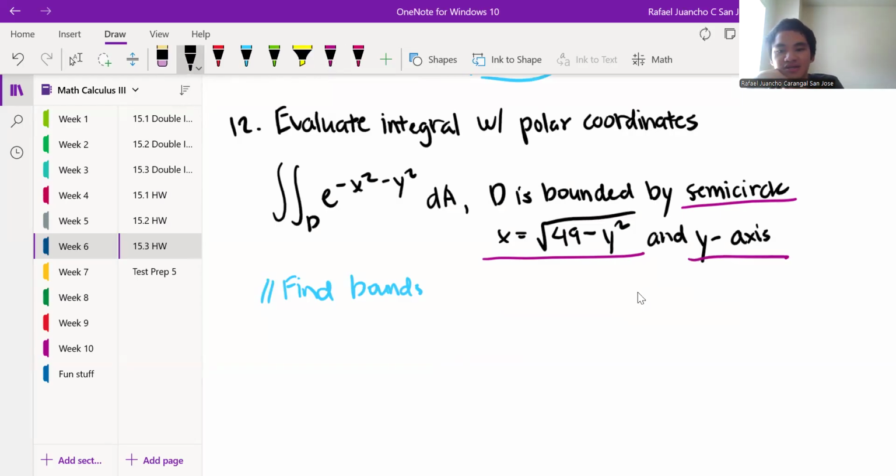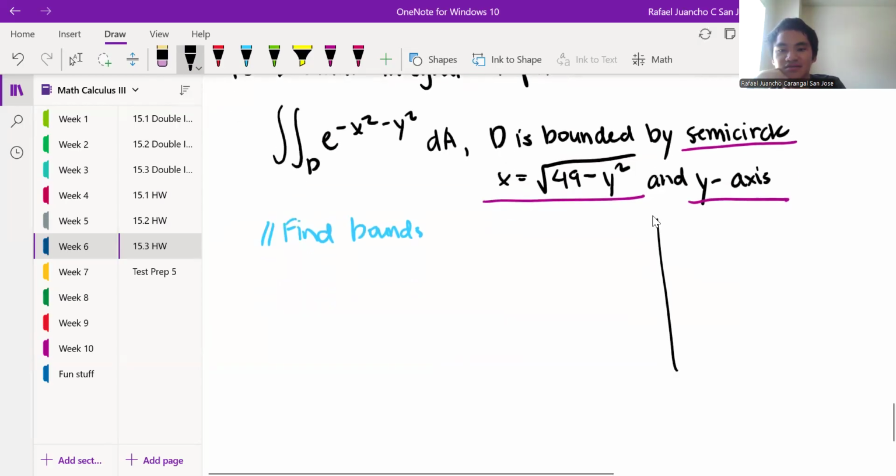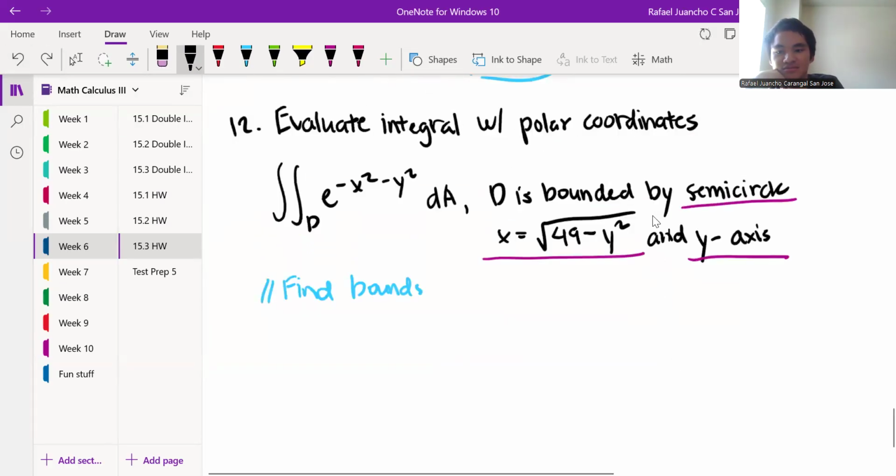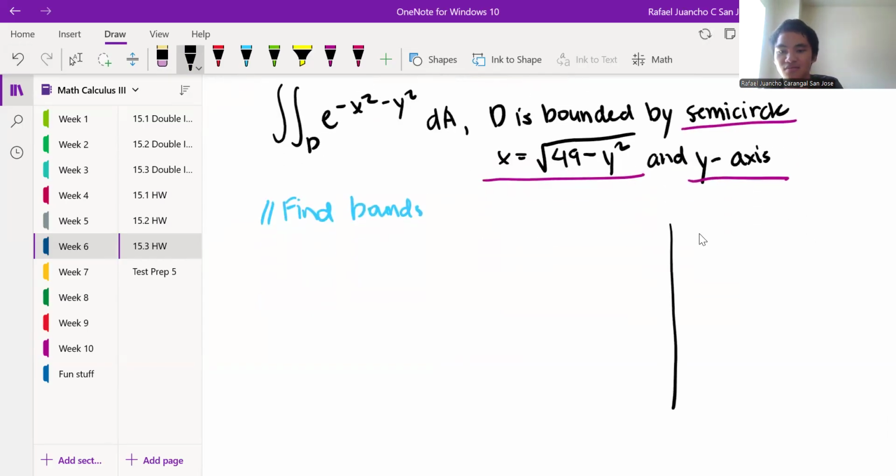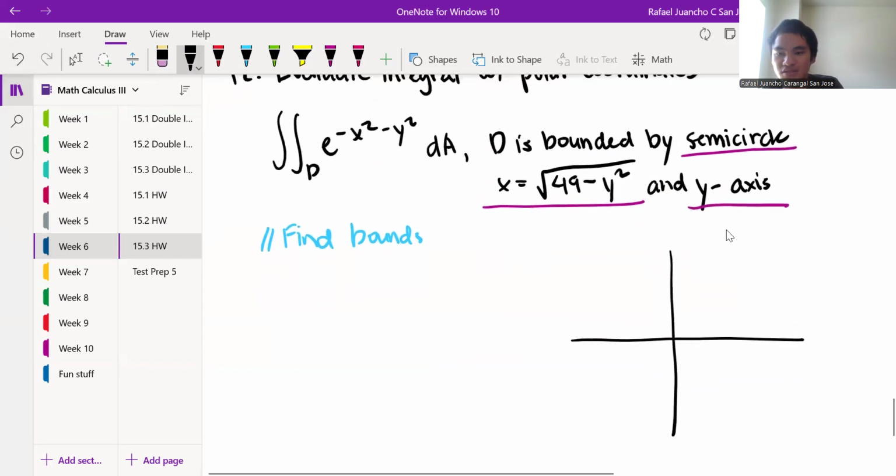If we draw this thing, oh, I think I get it. This is x squared plus y squared equals 49, so that means this is originally a circle with radius 7.